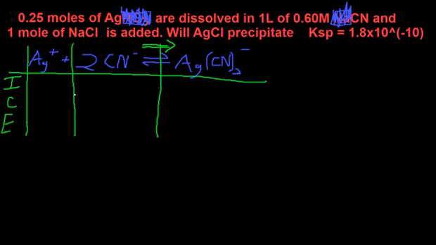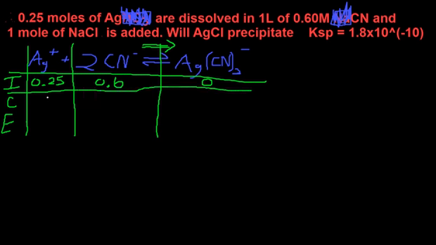Okay, so silver, we started with 0.25 moles, and molar because it's 1 liter. So we have 0.25, and we are going to start with how many cyanides? We start with 0.6 cyanides, and we start with 0 silver cyanides.